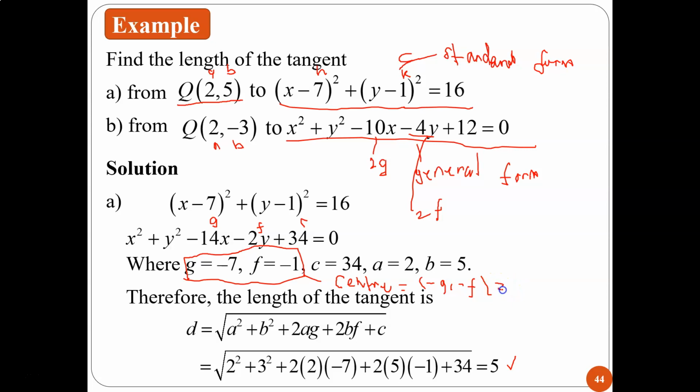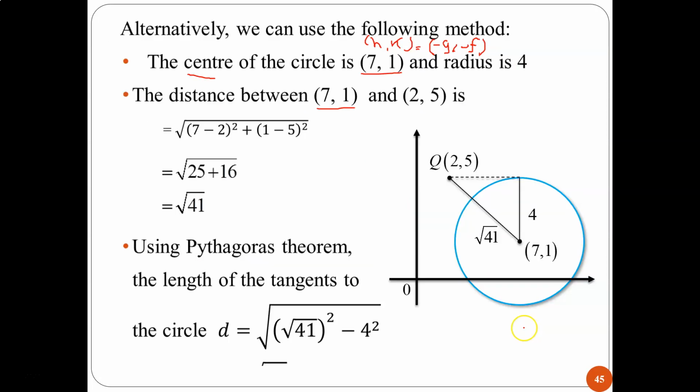So this one will be 7 and 1. It's no longer negative because it's given here, negative G, negative F. That's why over here I got 7 and 1. And the radius equal to 4.